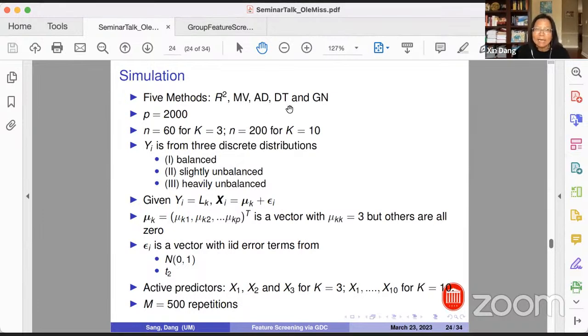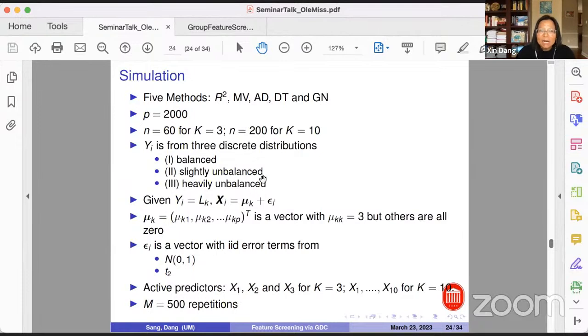AD, the distance, and the Gini, so 5 methods. The dimension is 2000, with sample size 600 for k equals 3, 3 categories, and for k equal 10, we're using sample size 200. Y has these 3 distributions. One is balanced, so every class has the same probability 1/k.